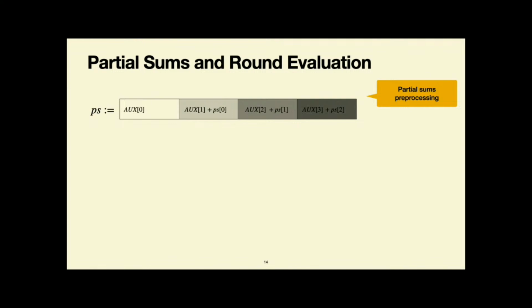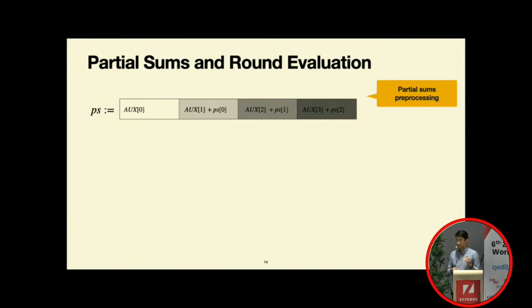We're calling this partial sums, or PS, and how we fill in this table is as follows. We take the aux lookup that was generated in the previous slide, in slide 13, and at every index of PS, we want to fill in the corresponding index of ox, and also every value that occurred before that index.